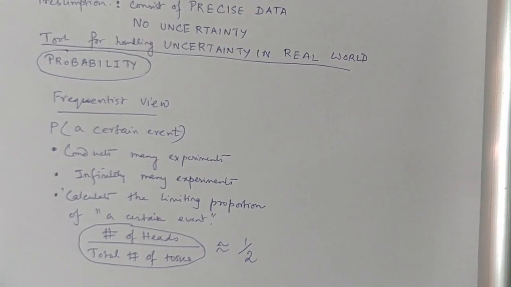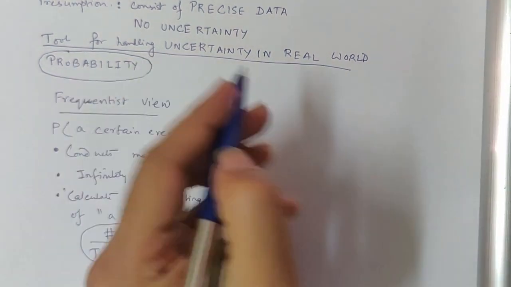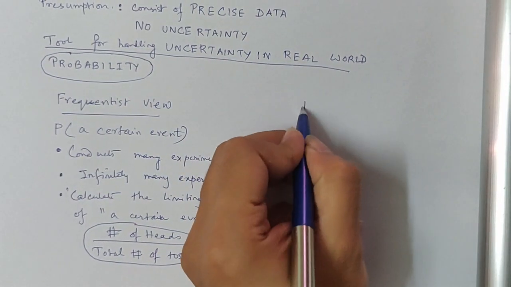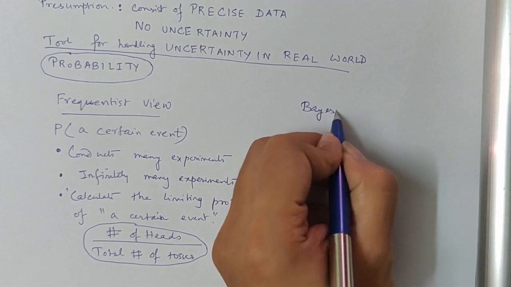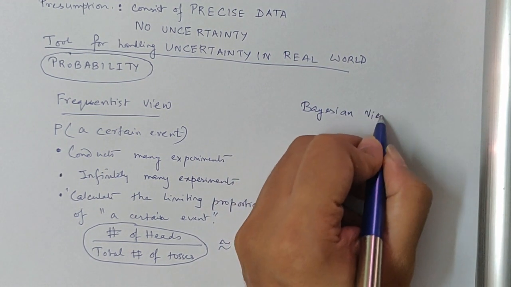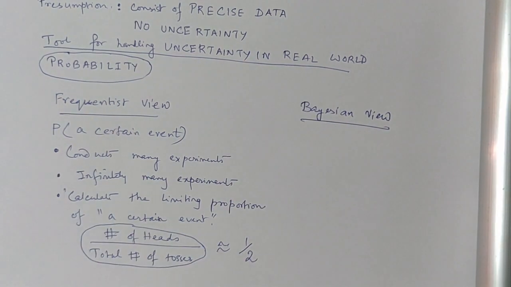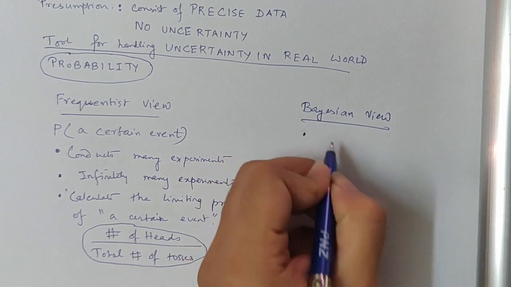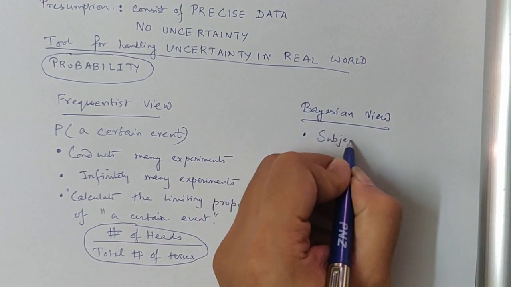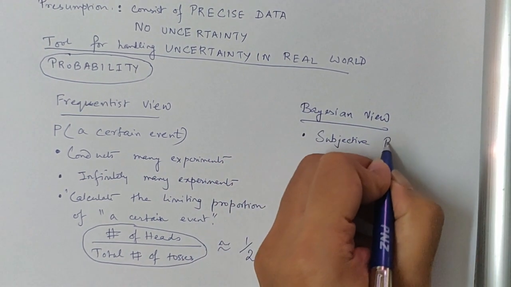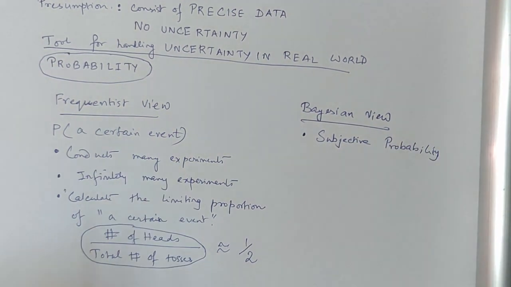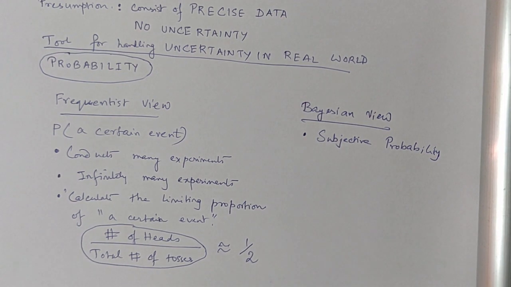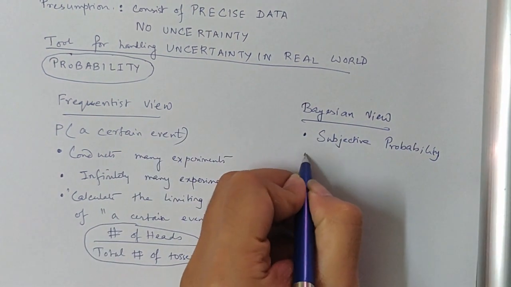There is another view. I am just giving you a heads up, that is called the Bayesian view. The Bayesian view, as is very evident from the approach, is called subjective probability. It is actually having a belief.